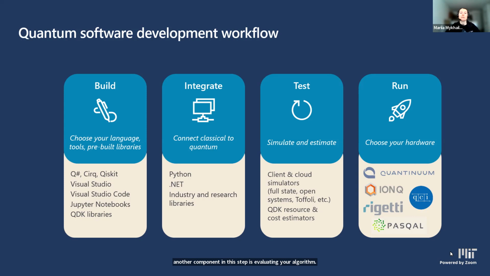So let's say you have ascertained that your solution is correct and you want to prepare for running it on hardware. Before you do this, you need to figure out how many resources your solution requires to run on hardware. First, how many qubits it's going to need.